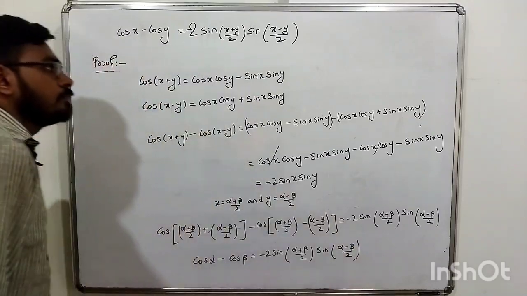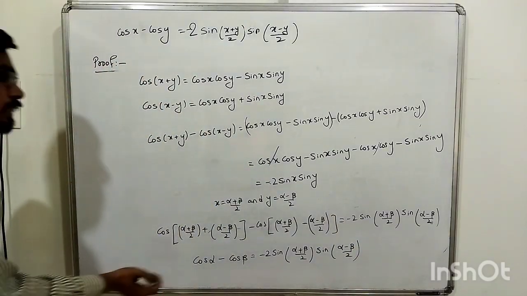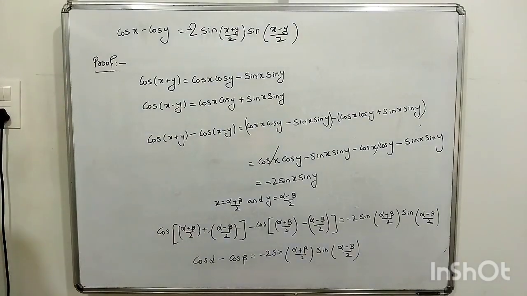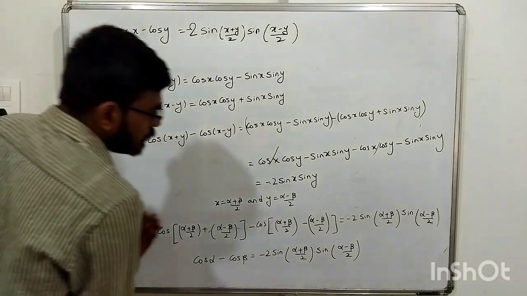Again, in general, cos x minus cos y is minus 2 sin x plus y upon 2 sin x minus y upon 2. So this way we derive all the 4 formulas. Okay, that is factorization formula.